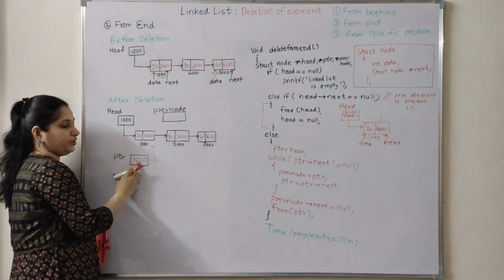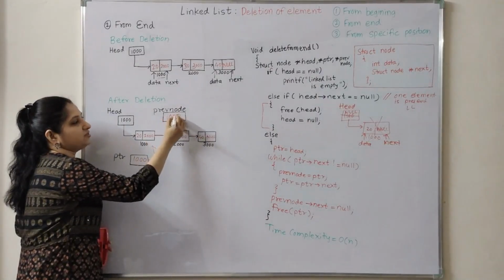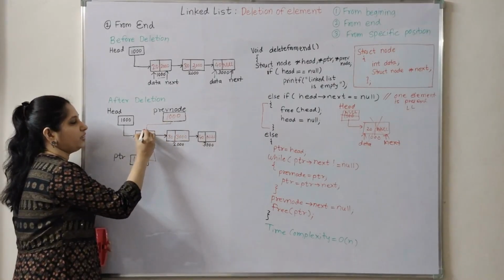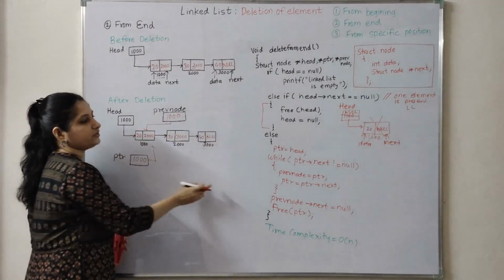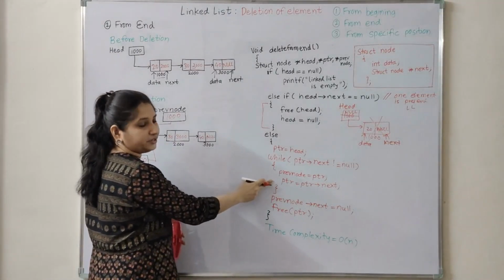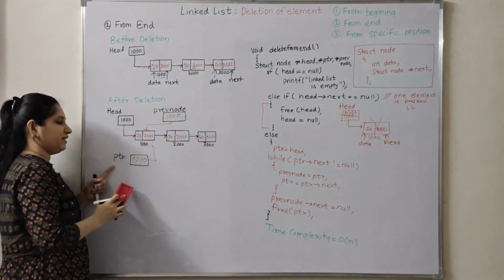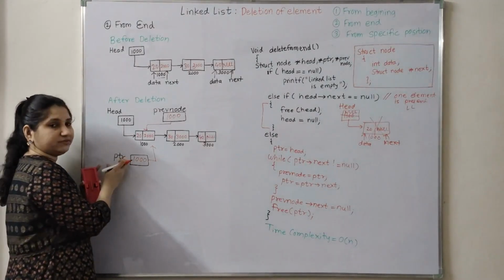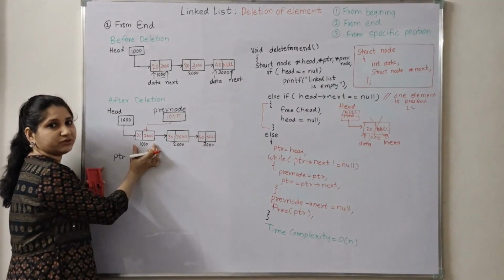The value of pointer is 1000, so the value of previous node is now 1000, and previous node points to memory location 1000. After that, what are we doing? Pointer equal to pointer of next. Now what is the value of pointer? 1000, and this is memory location 1000.